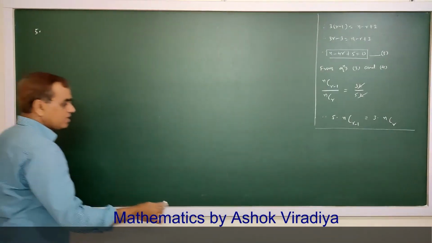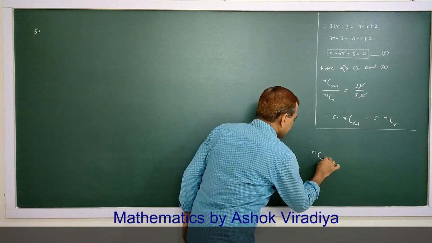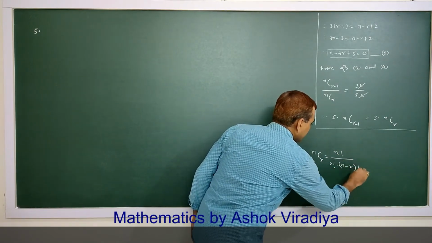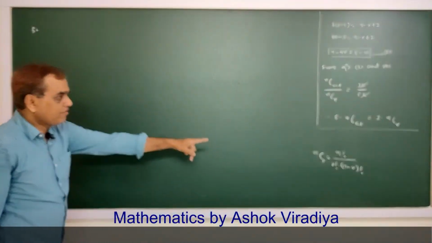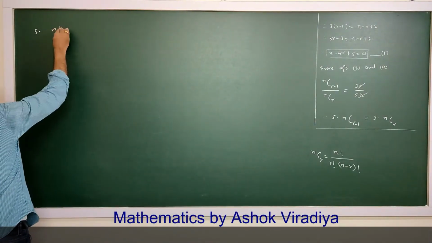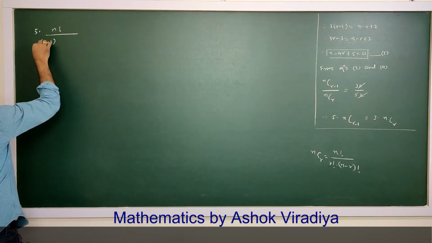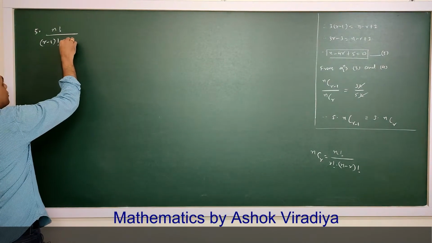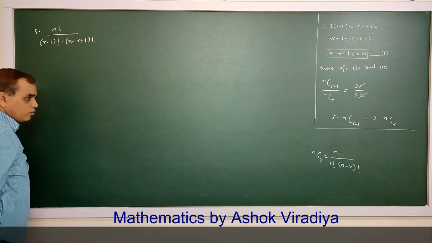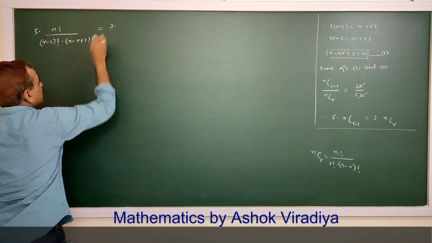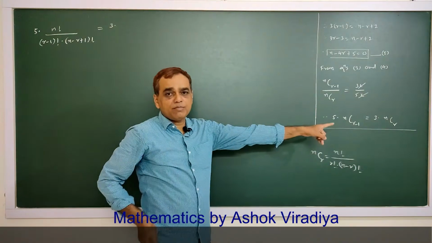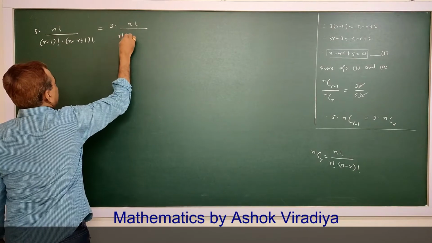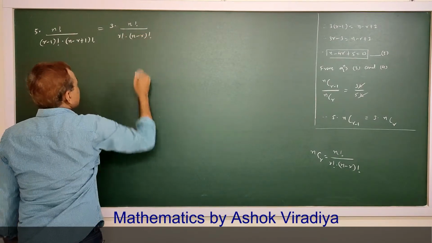Applying this formula, nCr is n factorial upon r factorial into difference factorial. So nCr minus 1 is n factorial upon r minus 1 factorial into n minus r plus 1 factorial. It is equal to 3 into, again applying the formula, n factorial upon r factorial into n minus r factorial.